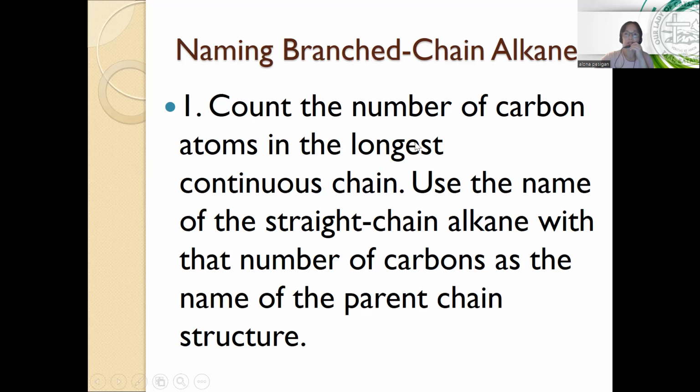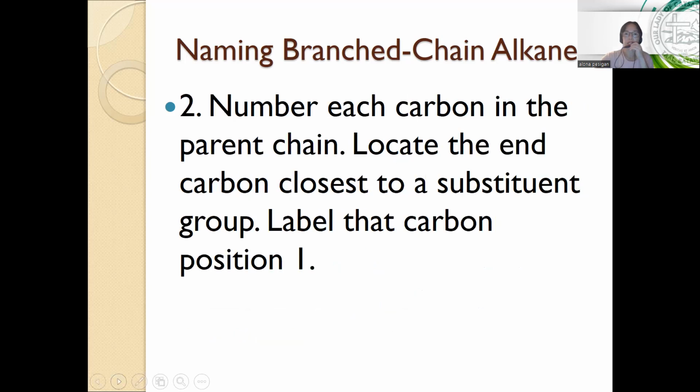That will serve as your parent. And then you number each carbon in the parent chain. Locate the end of the carbon closest to a substituent group. Label it as carbon 1. So in numbering the parent chain, you start with the end closest to the substituent.